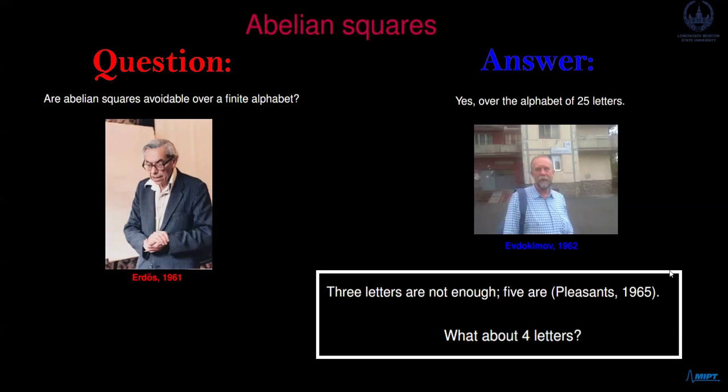However, the story doesn't end there. Pleasants later proved in 1965 that 3 letters are not enough to avoid abelian squares, but 5 letters suffice. This naturally leads to the next question. What about an alphabet of 4 letters?